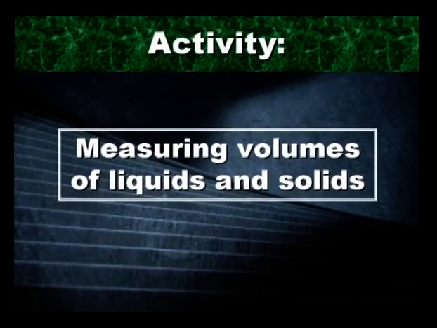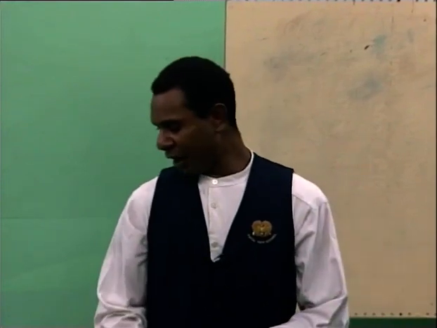Right. In your activity, you will do two things. First, we will take the volume of the liquid. Then we will find the volume of solids. I will do a demonstration with one group, and then you will do the other two examples in your own groups.